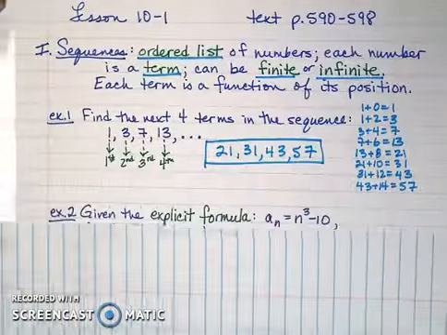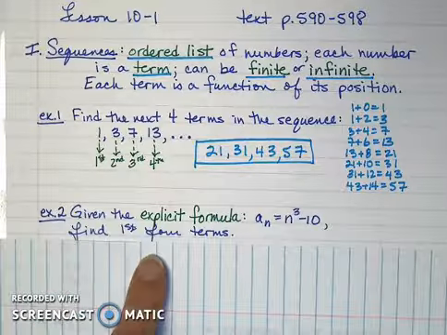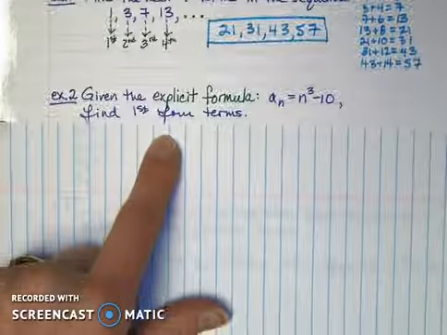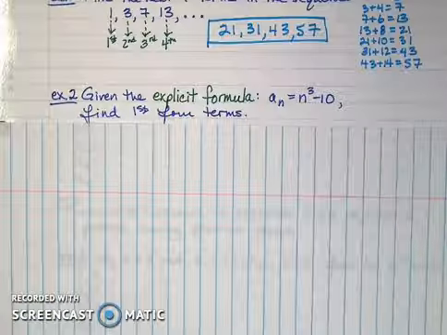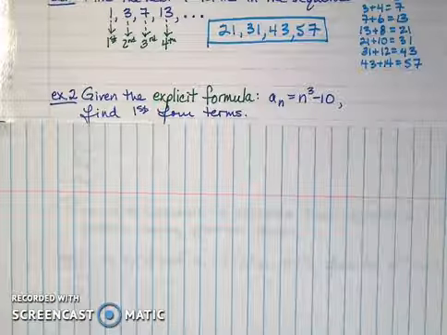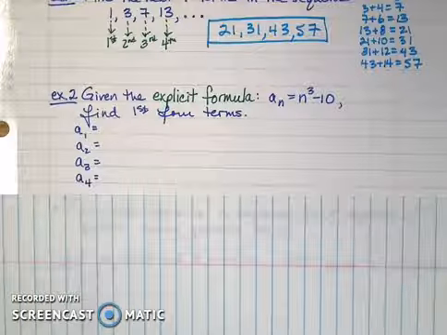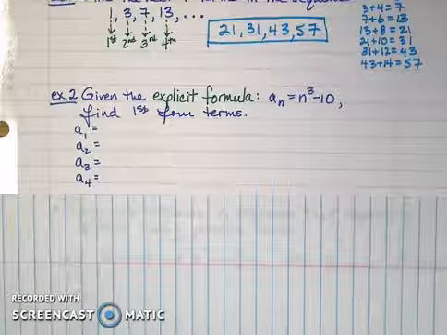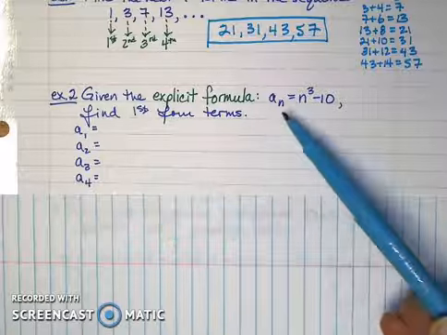Sometimes I will give you an explicit formula, and I will say, find the next 4 terms, or the next 5 terms, or 3 terms of the following. All you have to do is calculate each term and plug in the term number. That would be the a sub n for that value.